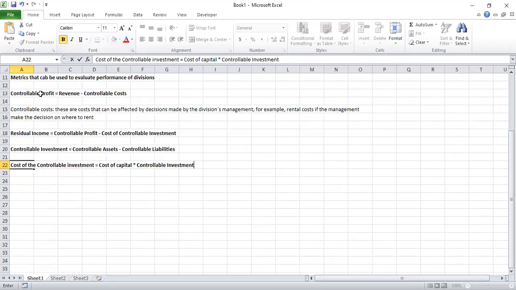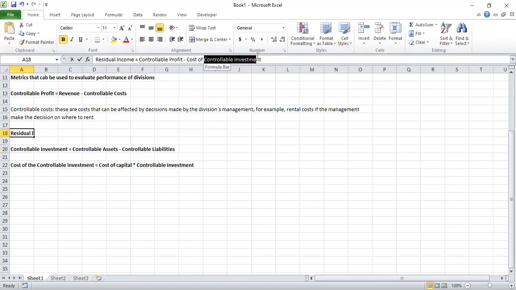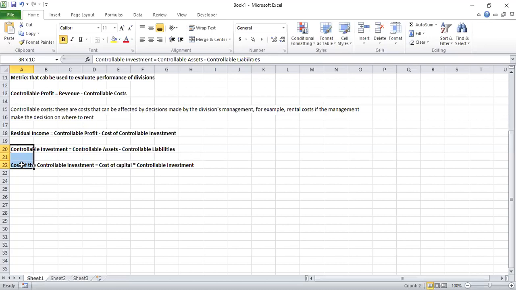So I've shown you two metrics: the controllable profit and also the residual income. These two are just measures that will allow us to calculate this. Here I was showing you where we get the controllable investment, and here where we get the cost of the controllable investment. So these two actually help us when determining the residual income.